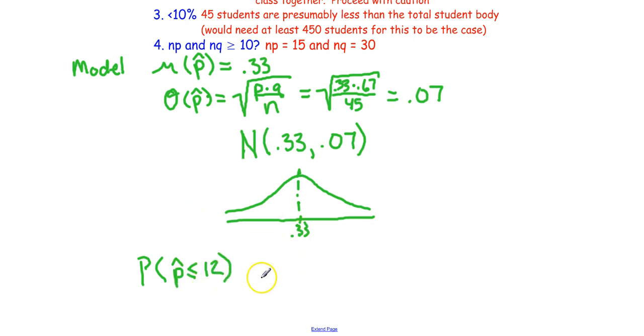Well, in order to do that, we need this. Our p-hat is going to be 12 over 45. So go and plug that into your calculator. Then we get 0.267.